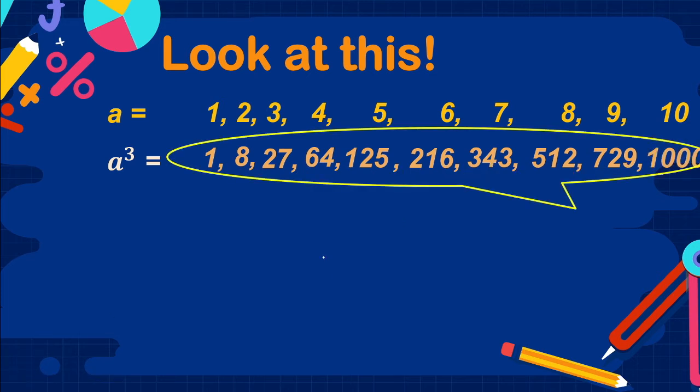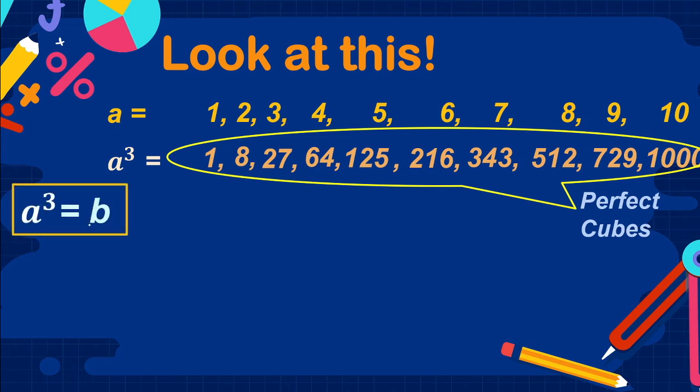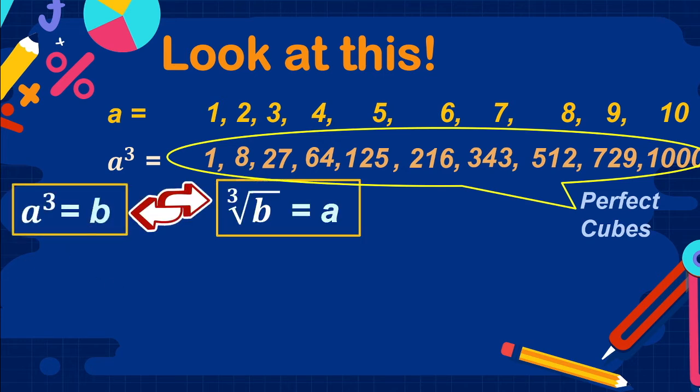Okay, so what do we call these numbers? Kanina, dun sa a squared, ang tawag sa kanila ay perfect squares. So if we have a cube, ang tawag sa mga numbers na to ay perfect cubes. So a cube is equal to b. If we get the cube root of b, the answer is a.